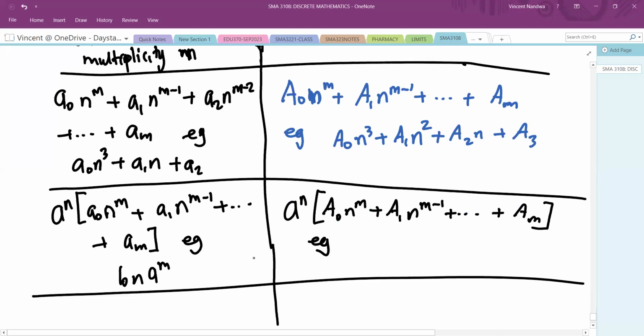And if this is our example, then we pick a power n. And this bn is a linear function in n, so you pick a naught n plus a1, which is a general linear function in terms of n.